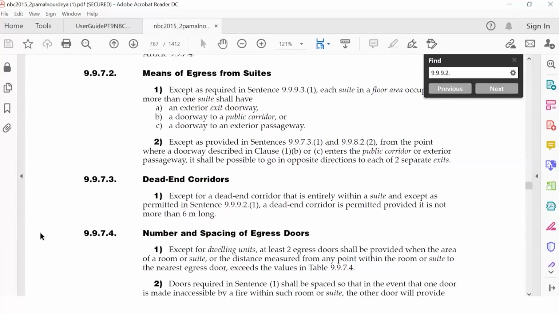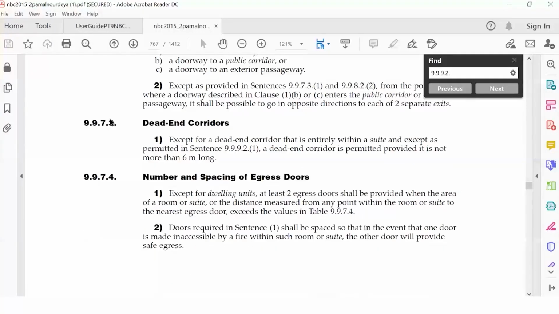Now, there are other conditions that play into this, because the length of the corridor is impacted by the travel distance, and you have limitations on how far you can travel from the door of the suite to the exits. All that interplays together, and that's why we need to read the provisions related to means of egress all together to see how they work together.